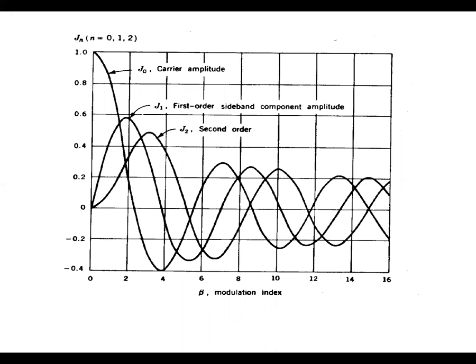J0 is the fundamental with the maximum amplitude, and as the harmonic number increases, the amplitude of the harmonics decreases. So this is the spectrum of FM.